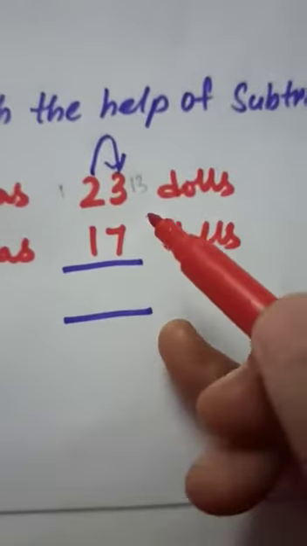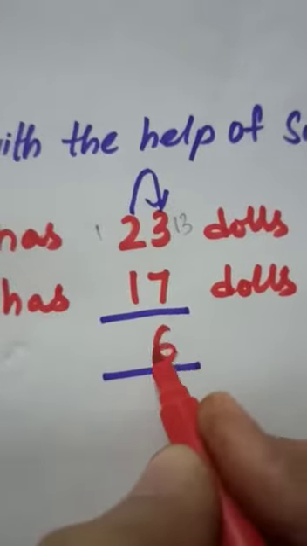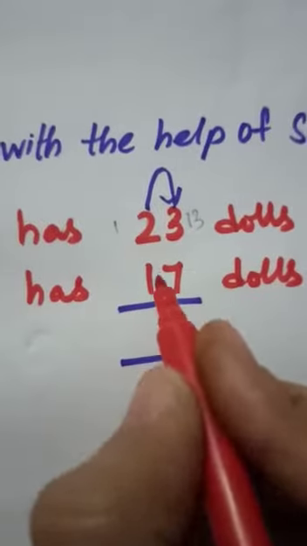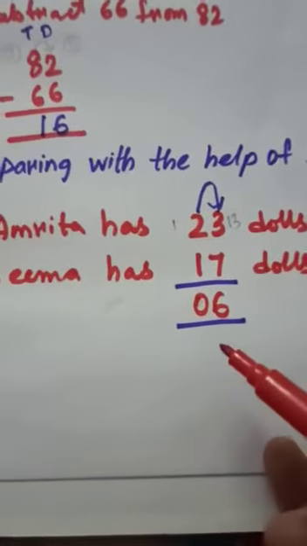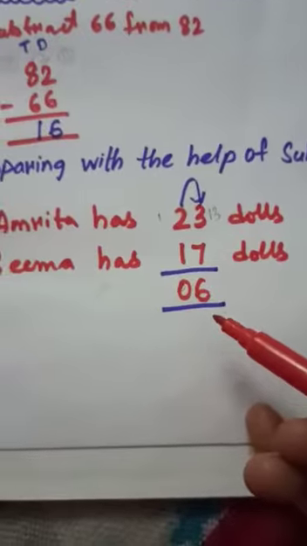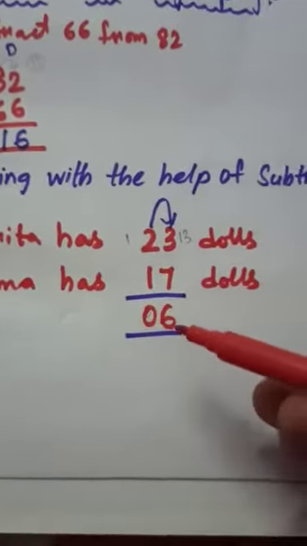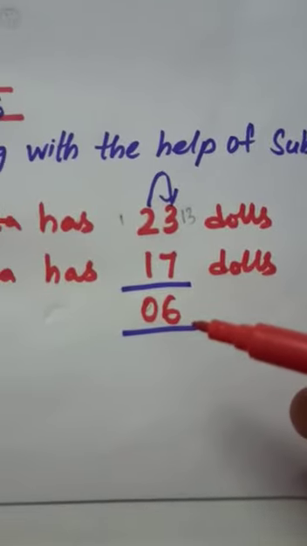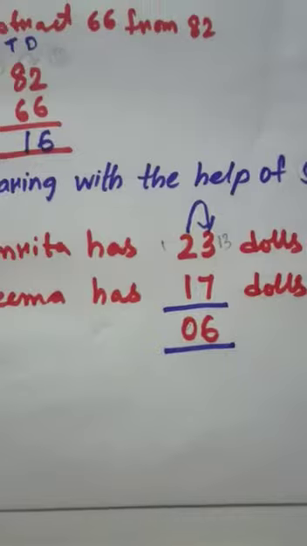If we subtract 7 from 13, we will get 6 and 1 minus 1 is 0. So, who is having more dolls? Amrita is having more dolls. How many more? 6 more. Amrita has 6 dolls more than Seema.